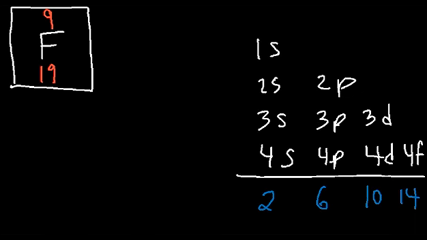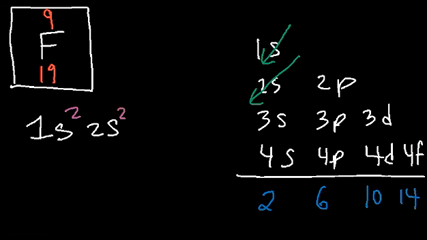So how can we use this to write the electron configuration? The first level is going to be 1s. Now s can hold 2, so it's going to be 1s2. After 1s, we have the 2s sublevel, so it's going to be 2s2. After 2s, we're going to move on to the p sublevel.